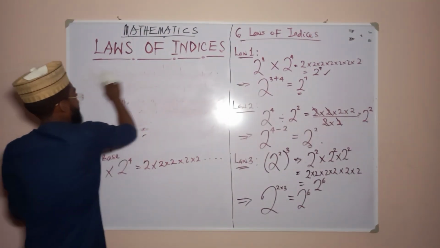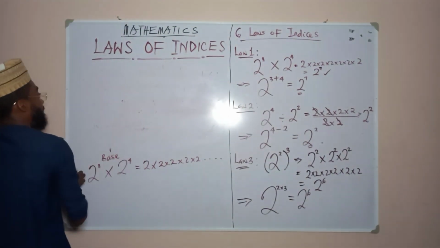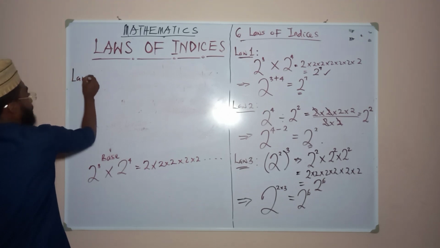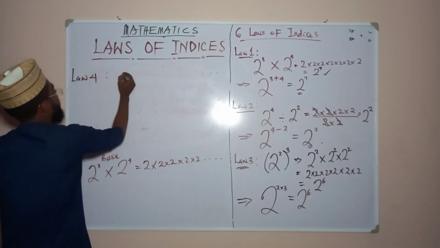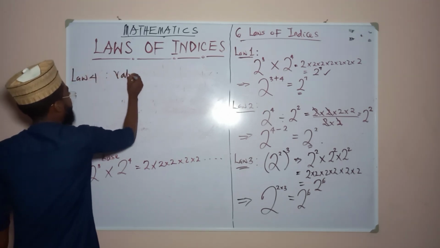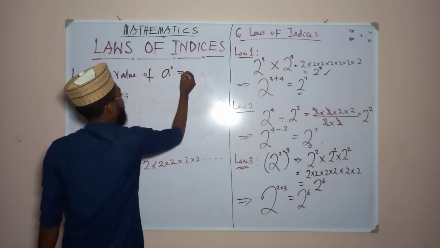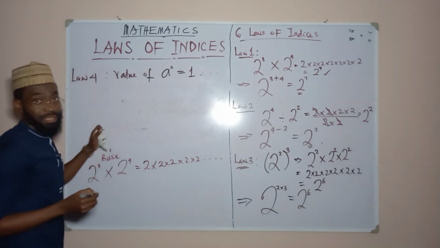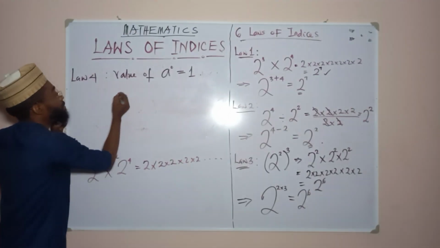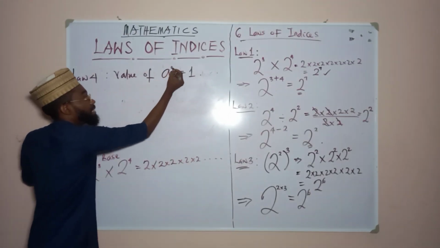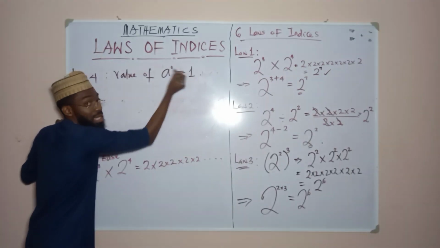It's a bit of a problem. Law 4 says the value of a raised to power 0 is 1. That is, anytime a number or a base is raised to the power of 0, your answer is 1.